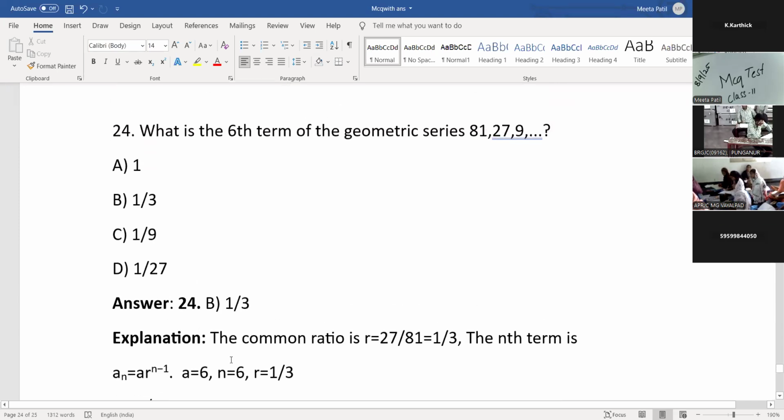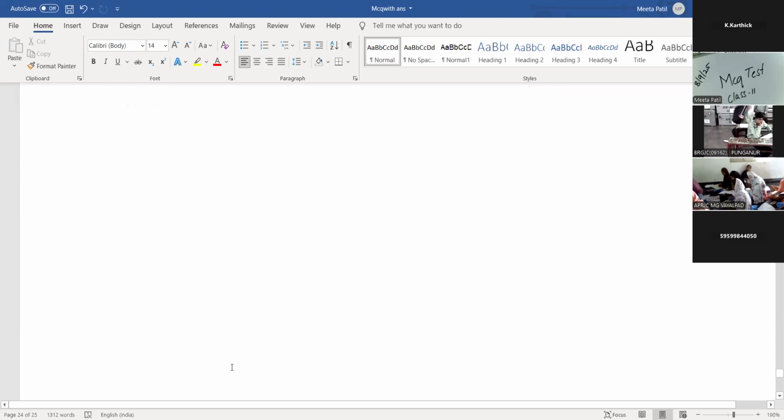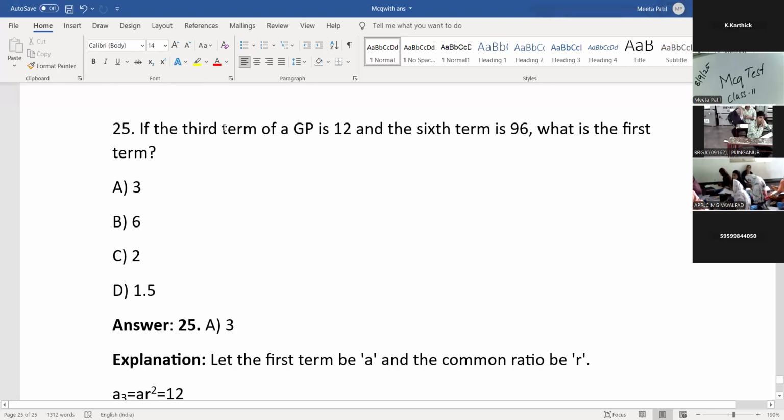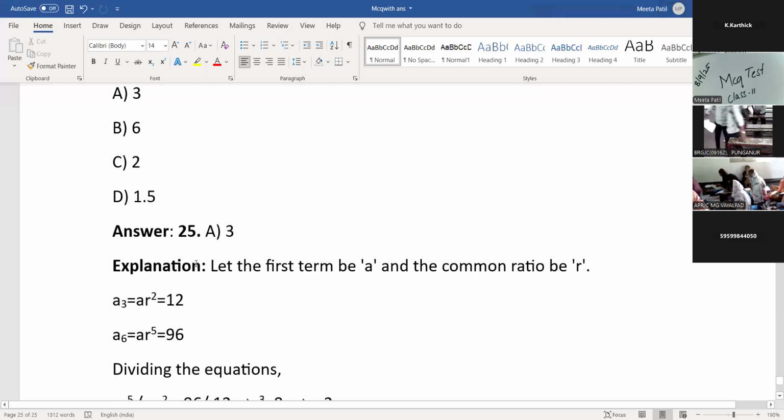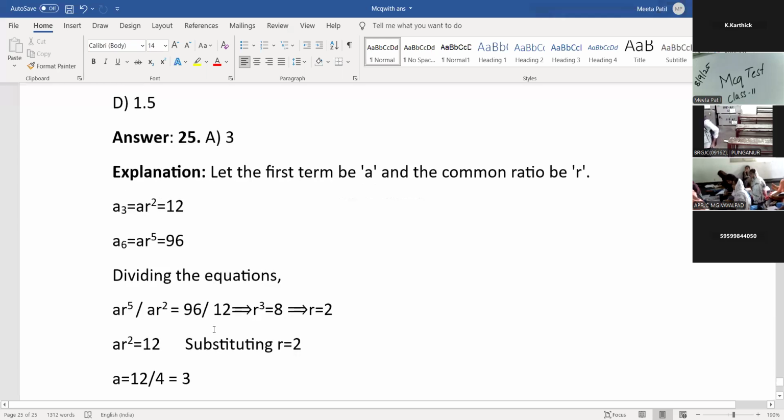That is option B. And further, the last question: if the third term of the GP is 12 and the sixth term is 96, what is the first term? Here you have to take a r^2 = 12 and a r^5 = 96. Take the ratio of these two.